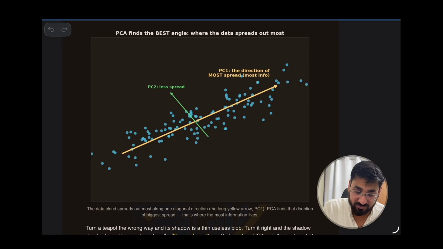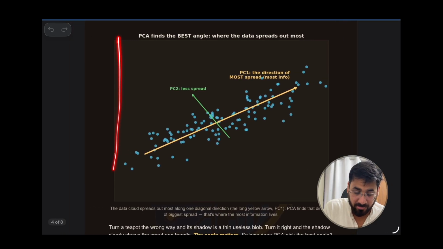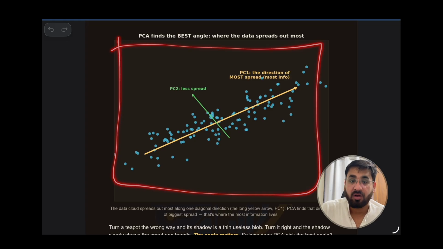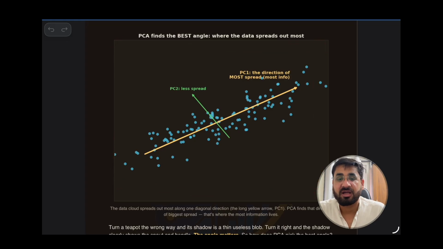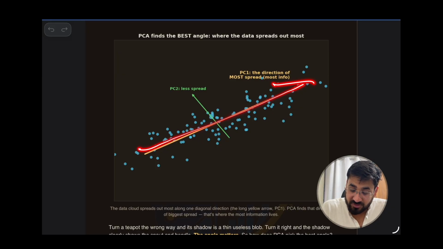Now take an example of this data. You have this sheet. On this sheet, these dots are nothing but the information. If I ask you which line you should choose so that most of these dots are covered, this yellow or green?